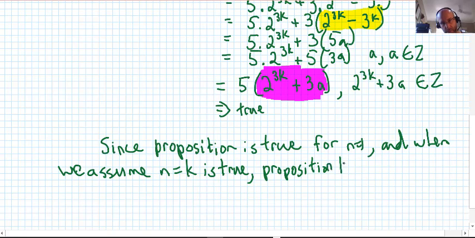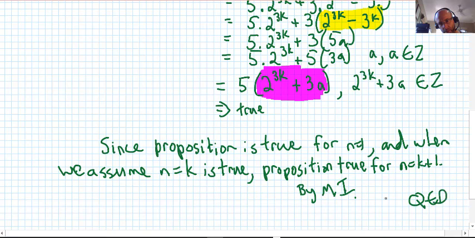True for n equals k plus 1. So that's done by mathematical induction. Done.